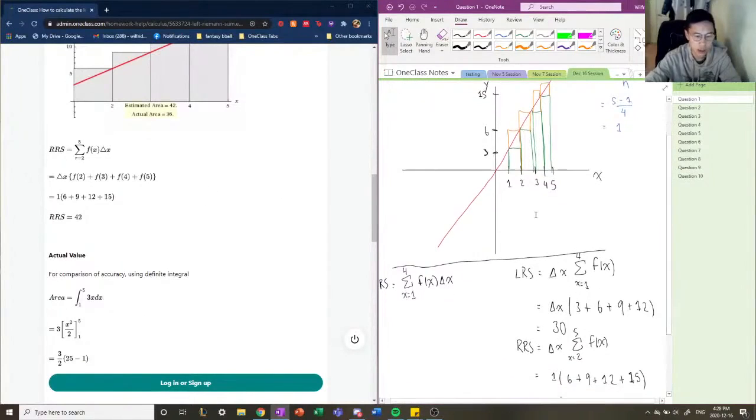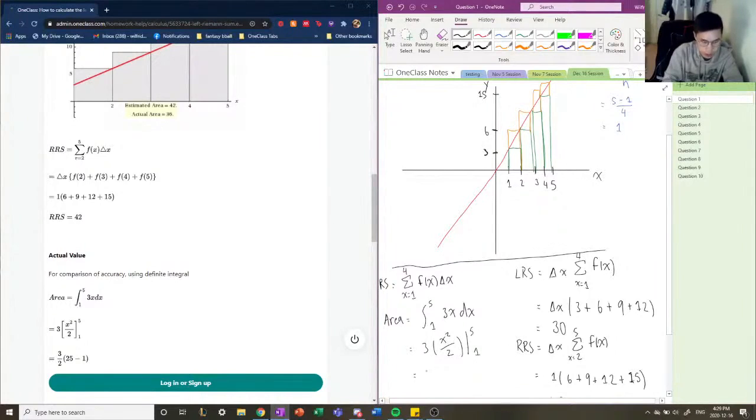So let's calculate the area, and then I'll explain to you how the left and right Riemann sum work in relation to the integral itself. Okay, so the area is the definite integral of our function from 1 to 5 in terms of dx. If we were to integrate this, we would get 3x squared divided by 2, from 1 to 5.